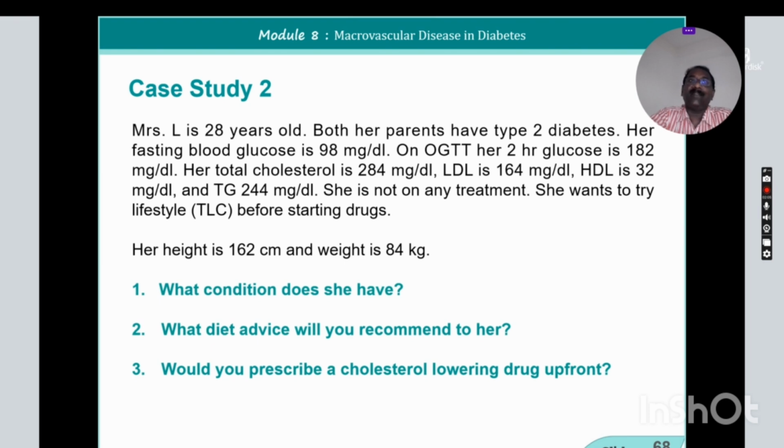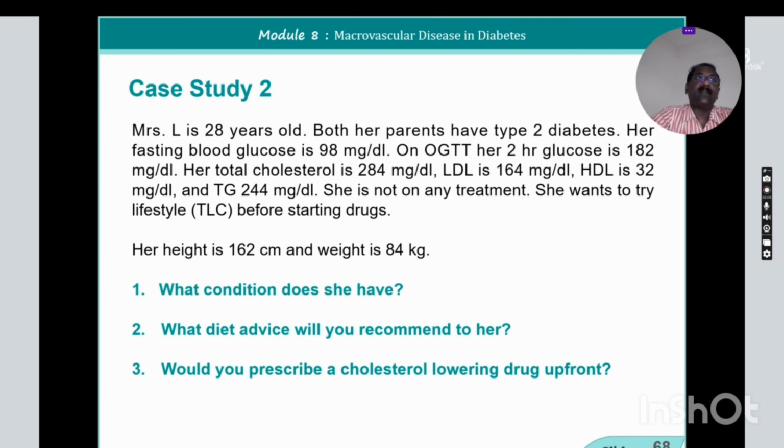And then whatever the lipids, which drugs do you prescribe here? Use the statins. Because if you see, the cholesterol elevation is here, LDL elevation is here, triglyceride elevation is here, and HDL reduction is also there. The drugs will act on all of these.